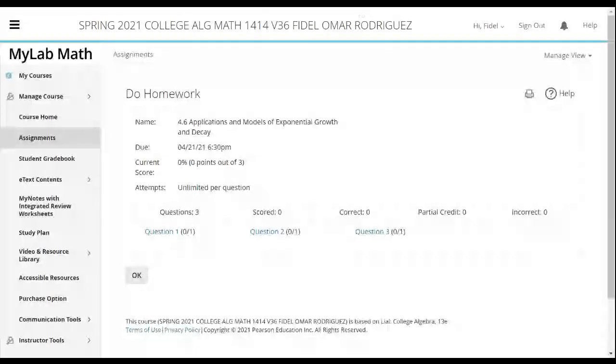It should be pulling up now. If you notice, out of 4.6, we only got 3 problems there, right? So 4.6 is a pretty short section. So let me pull up a problem here out of 4.6, and we will definitely do one.